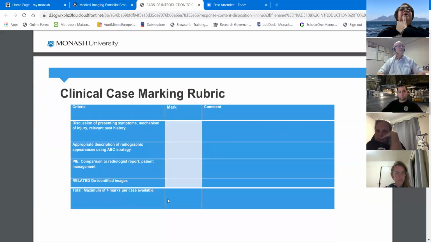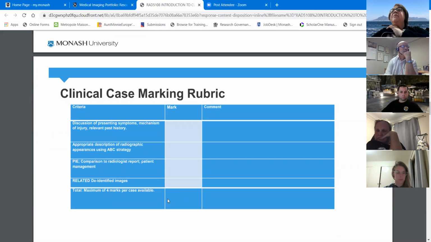So on the clinical marking rubric, the main thing is the discussion of the presenting symptoms and so forth, and then an appropriate description of the radiographic appearances to include your ABC strategy.